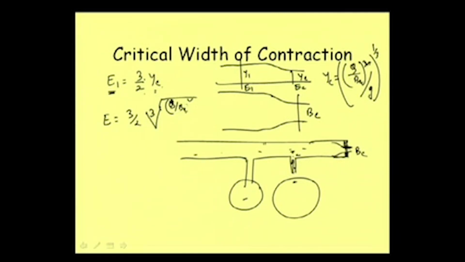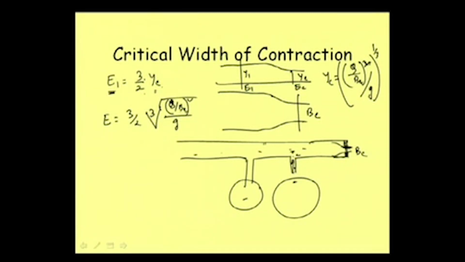So, it is (Q by BC) whole square divided by g, and then this expression can lead us to one relation, that is making Q, and then suppose we can make E cube, then we can remove this part, then it will be (3 by 2) cube.